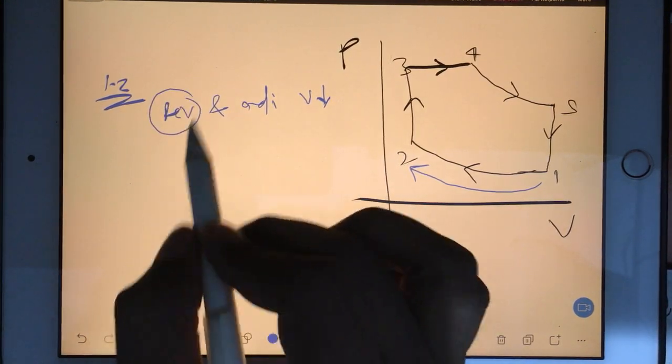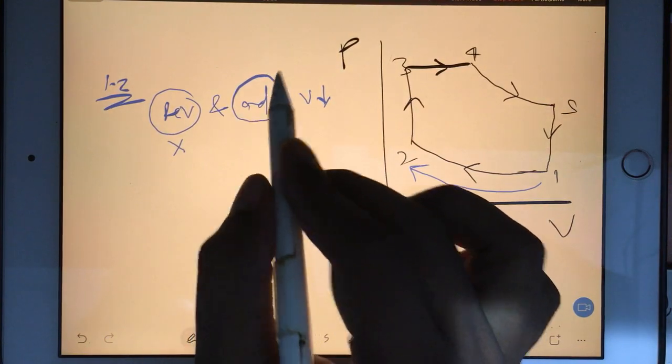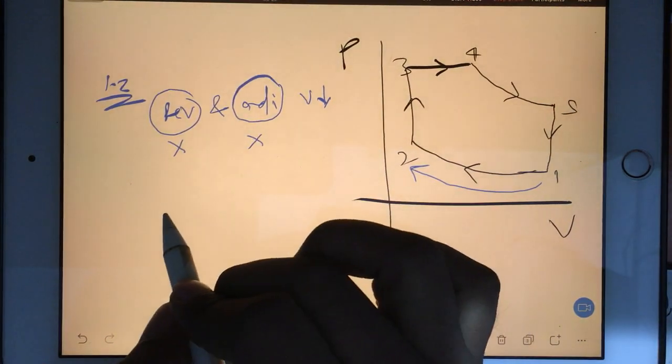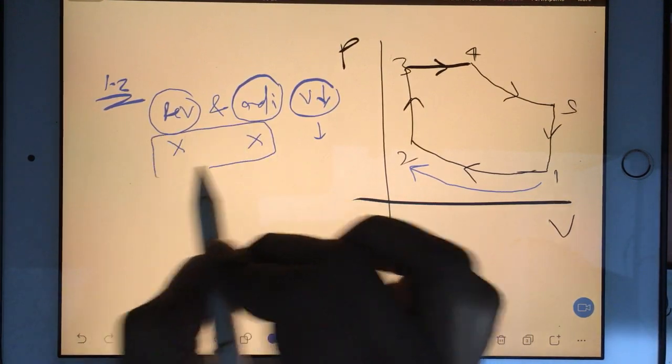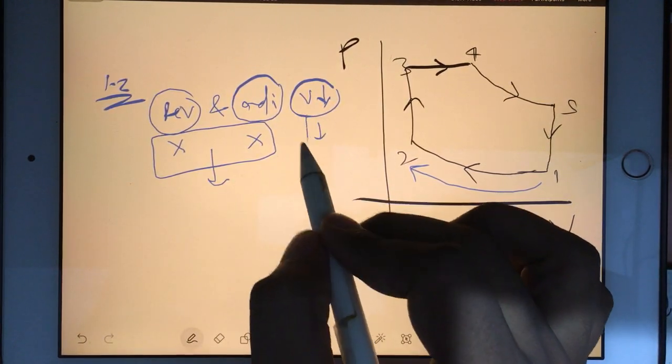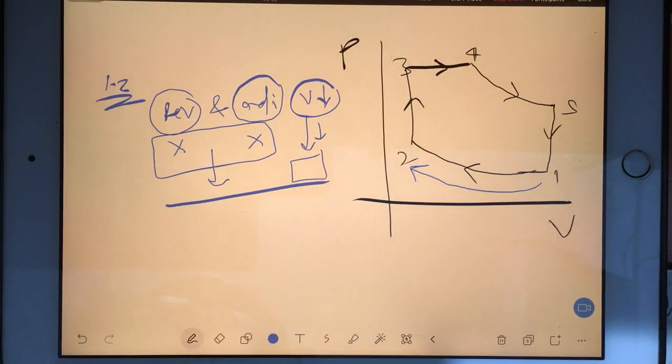Reversible, so there is no entropy change because of irreversibility. Adiabatic, so there is no entropy change because of heat transfer. If you combine these two, you say isentropic, and because volume is decreasing, that's why compression. Name clear? Gaurav, name clear?